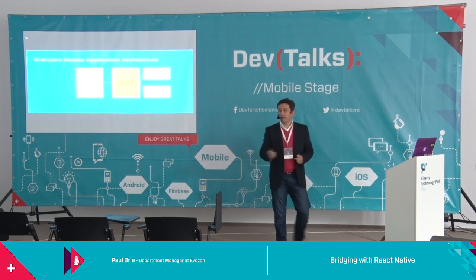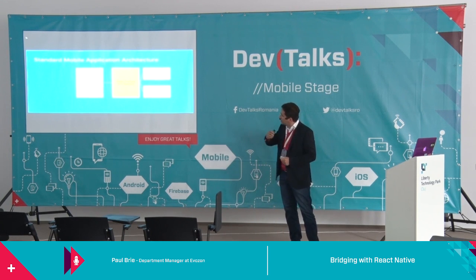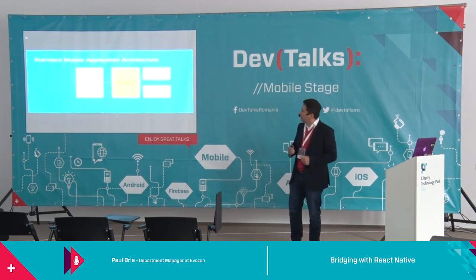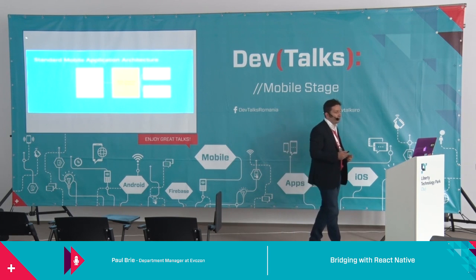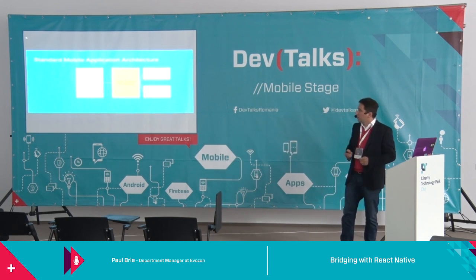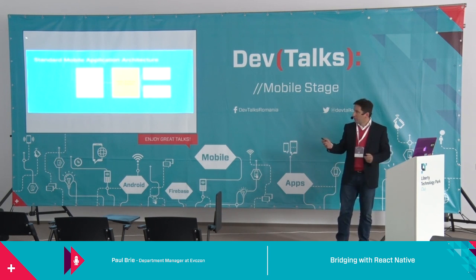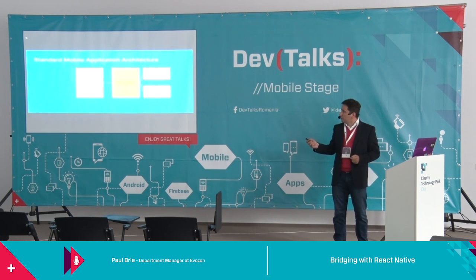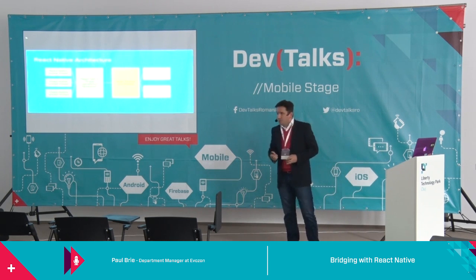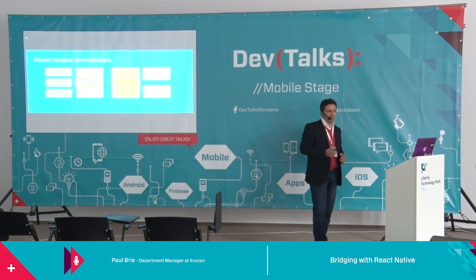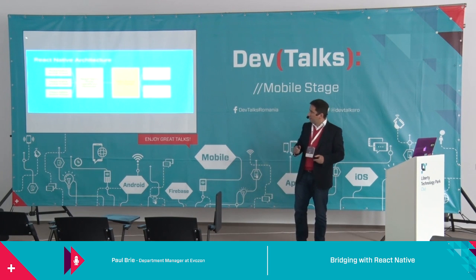This thread controls the UI, acts on the components, consumes the API, and eventually, when there are costly operations, it will use a secondary thread. Everybody knows this. React Native is proposing something similar, but it does 2 things.